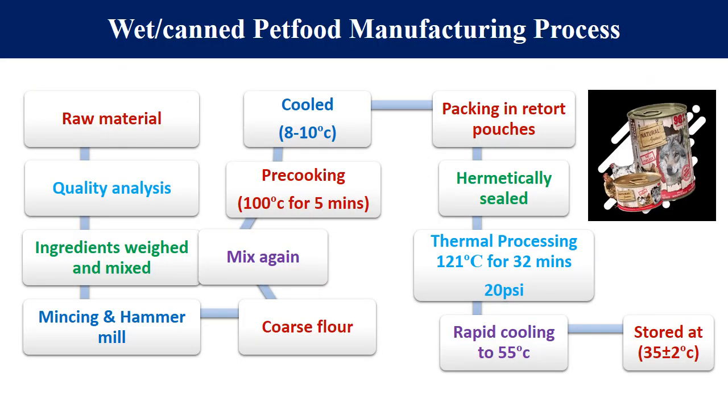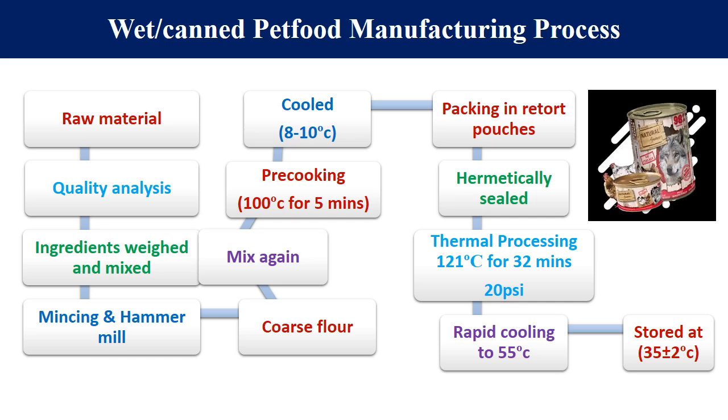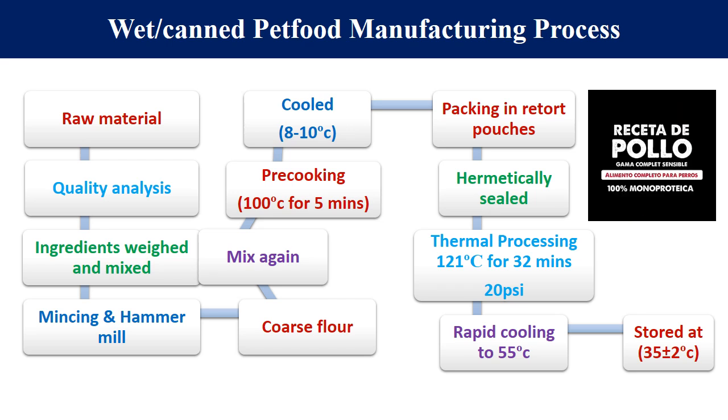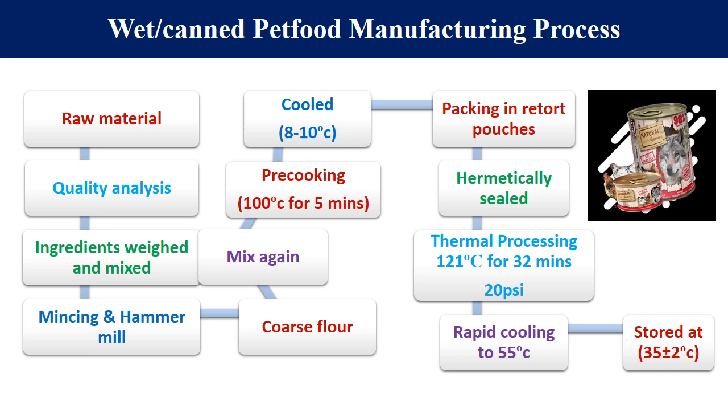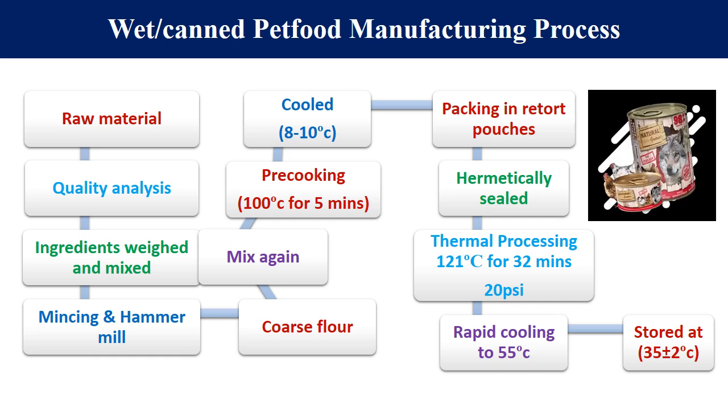Now we will see briefly a complete process for the wet or canned pet food manufacturing process. The first part is almost the same except for the ingredients. In the case of dry pet food, the ingredients are mostly dry except a few, whereas here some ingredients can be raw and wet, and after mixing everything it is packed into cans or retort pouches.